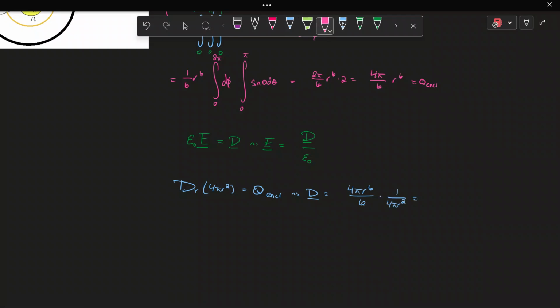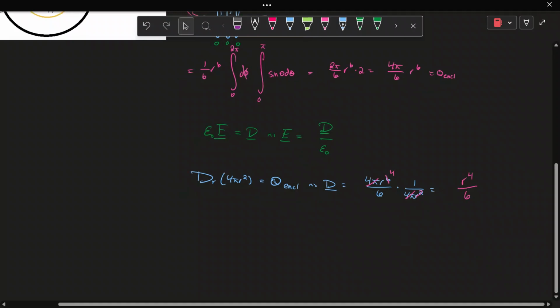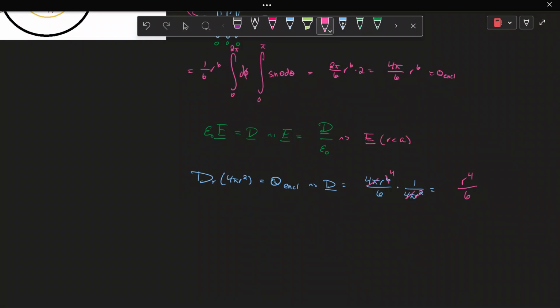And we notice the 4 pi's cancel. R squared brings the power down to 4, so it's equal to r to the 4th over 6. All right, so then we can bring it up here. So E, the electric field vector, whenever r is less than a, is equal to r to the 4th over 6 epsilon naught.